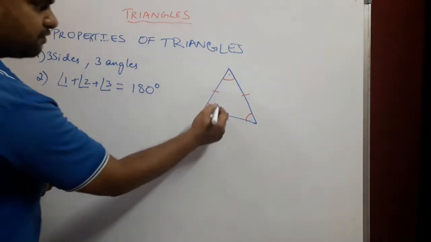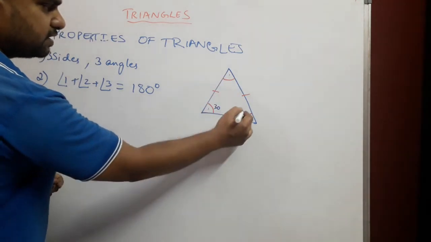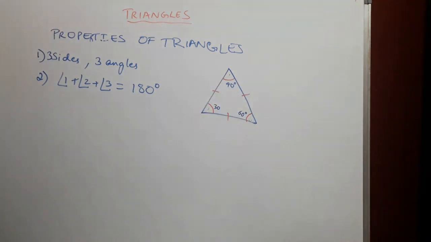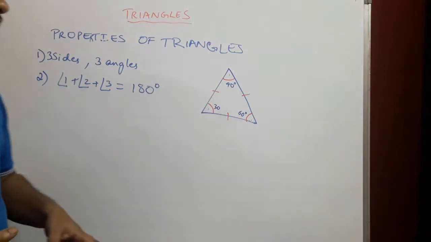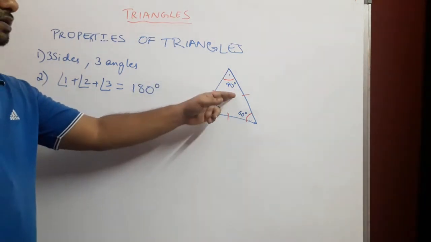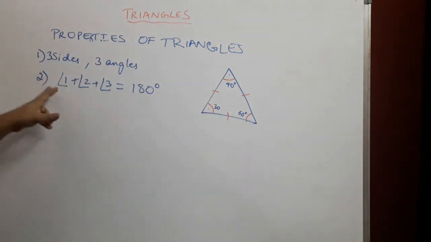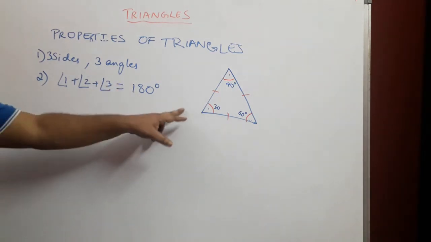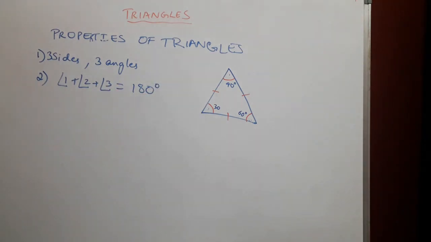For example, if this is 30 degrees, this could be 60 degrees, and so this may be 90 degrees. So if we are given two angles of a triangle, we can find the third angle by using this formula. The sum of all angles of a triangle is always equal to 180 degrees.